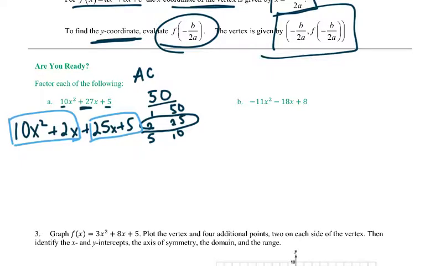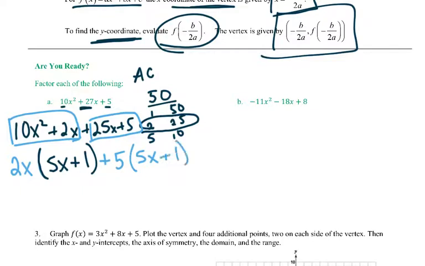So in the first two terms, 10x squared plus 2x, I can factor out a 2x out of both of those, which would leave remaining a 5x plus 1. On the second group of terms, I can factor out a 5, which will leave us with a 5x plus 1.